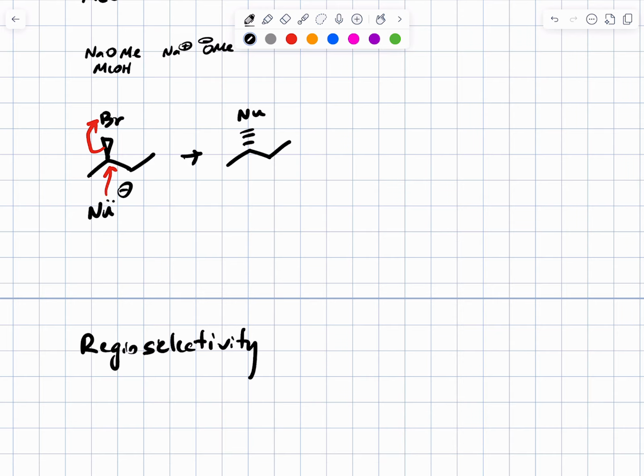We might also have shown that in this way. This is the exact same reaction. I think I got the stereochemistry wrong. Yeah, that'll work, maybe. You can also show inversion of configuration like this, where 1, 2, 3, yep.